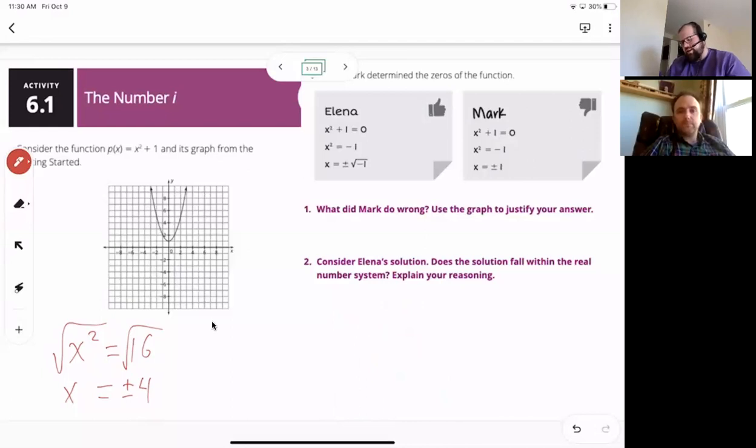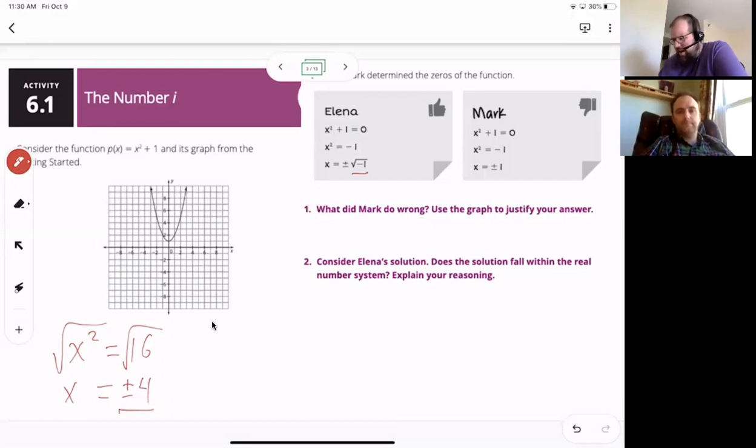The mathy reason for that comes from the x squared. We can't tell if the x itself was a positive or a negative one. We just tend to put it with the stuff on the other side, and that gets confusing. So when we're looking at this, Elena's step asks us what number multiplied by itself is equal to -1.